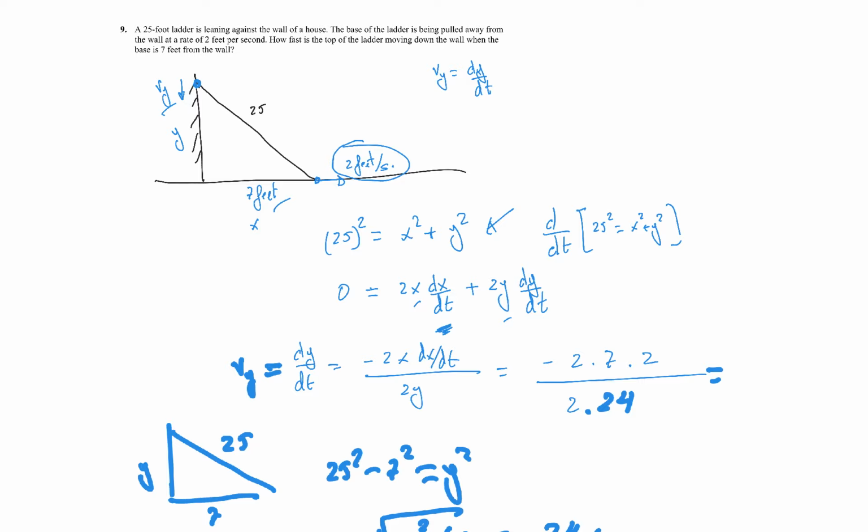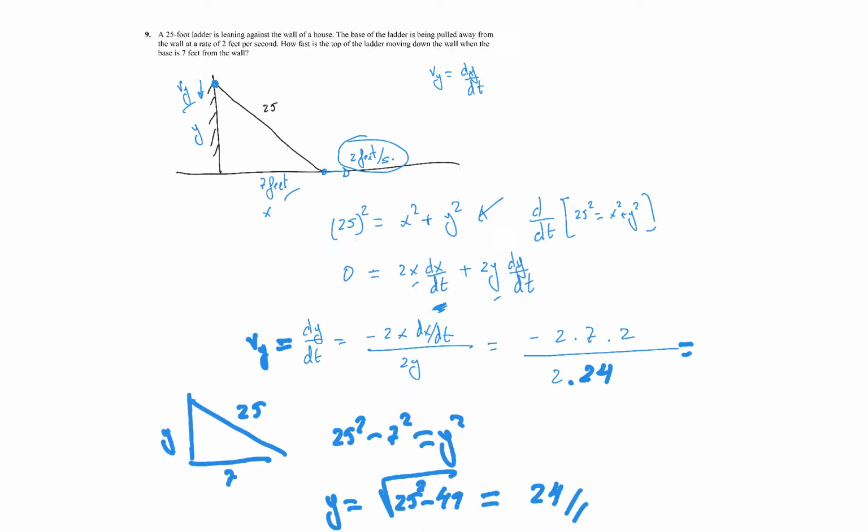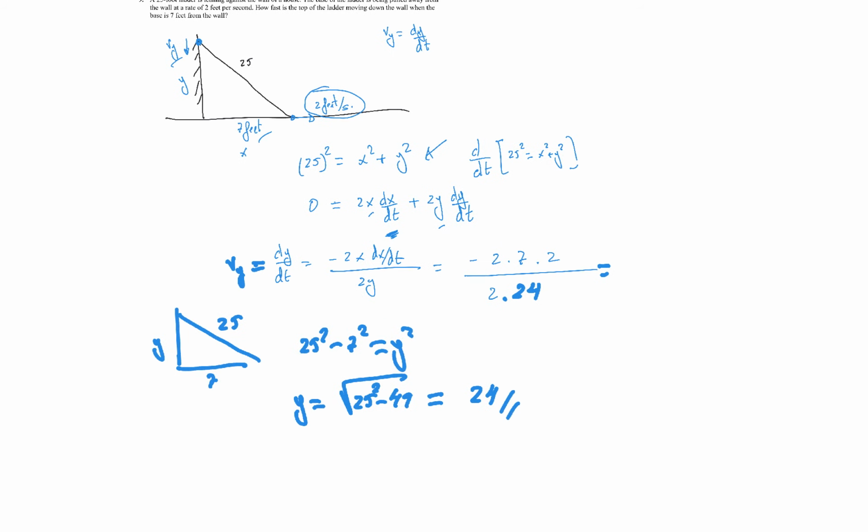The 2 and the 2 cancel, and 24 is 12 times 2, so it will be minus 7 divided by 12. And this is the velocity going down, because it's negative. So it's minus 7 divided by 12 feet per second.